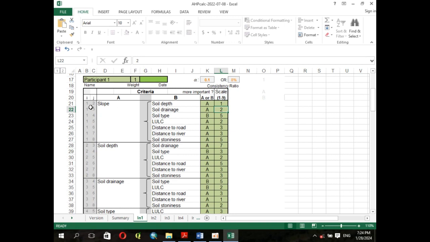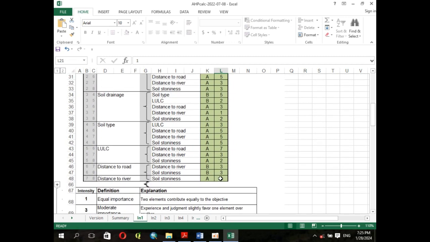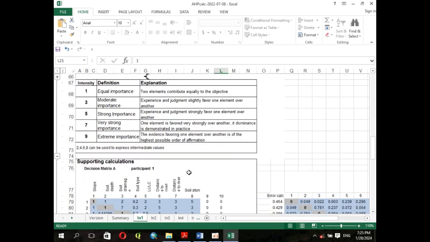You see, if I compare the soil with the soil drainage as equal importance, yeah, so our consistency ratio is 8%, 0.08 actually, and all the provided judgments or scales are acceptable now.